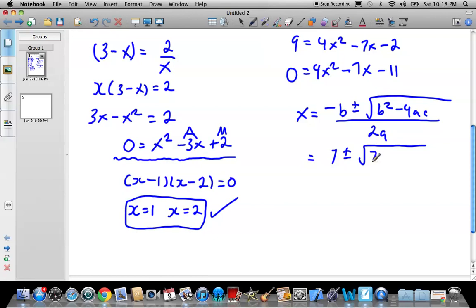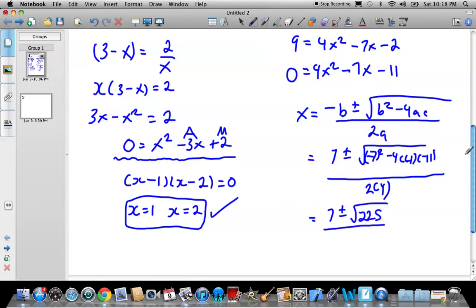Then negative 7 squared, minus 4 times negative 11, all over 2 times 4. So let's see what works out underneath this. 49 minus 4 times negative 11 works out to be a really good number, 225.